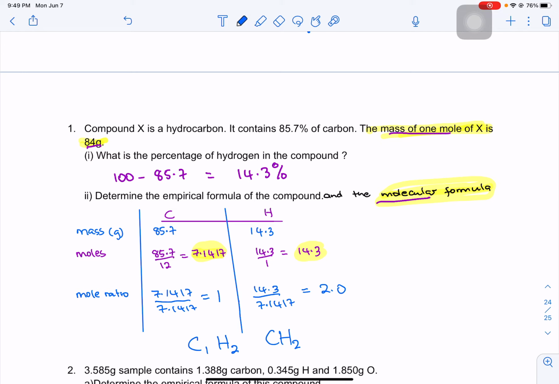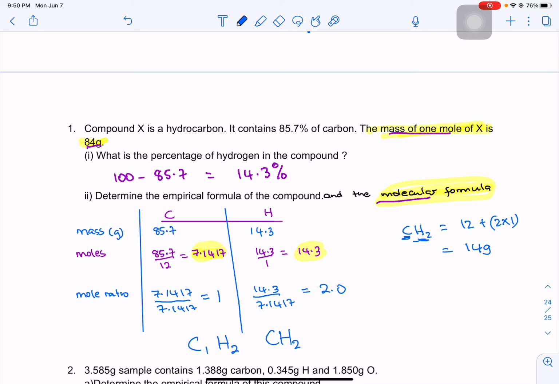That means 1 mole has a mass of 84. So we take this CH2 and look at its molar mass. The molar mass of CH2 is 12 plus 2 times 1, because 1 times 2 and this is 12. When we add that we get 14. So 1 mole of CH2 is 14 grams.